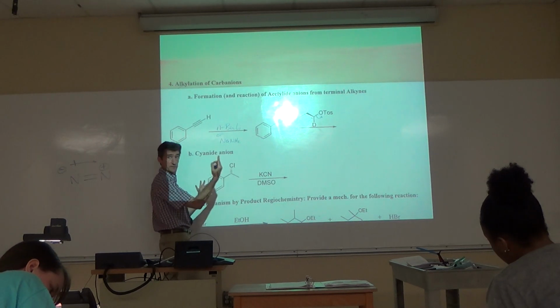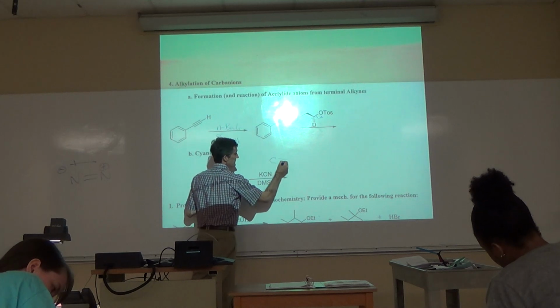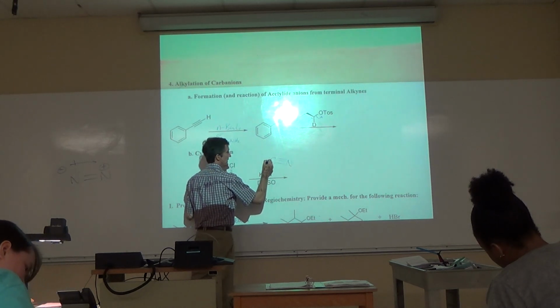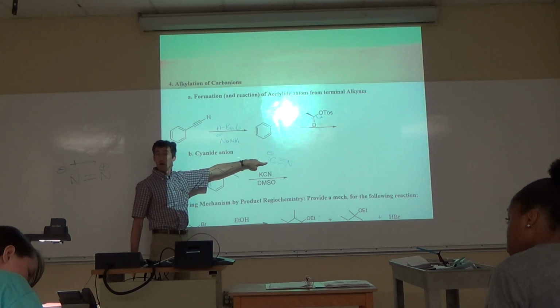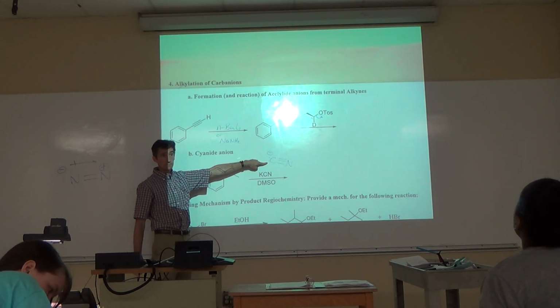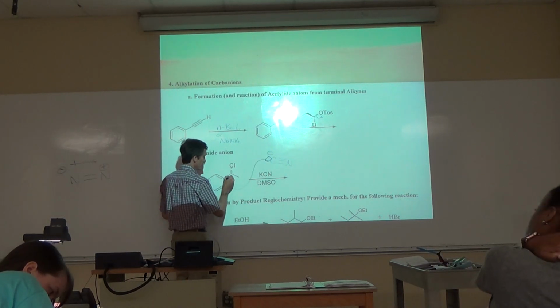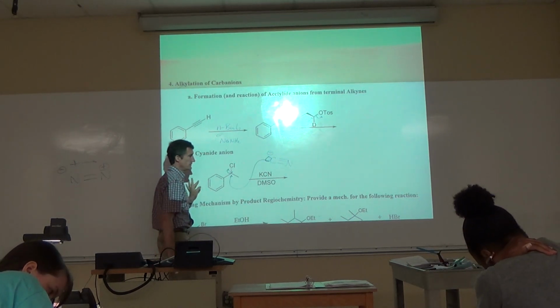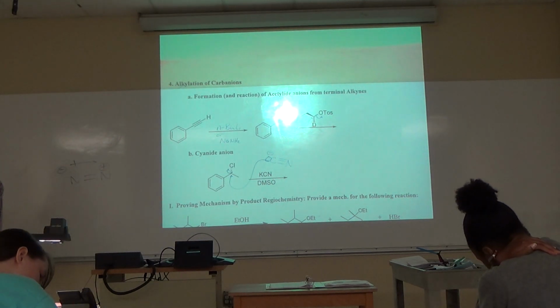Cyanide anion, we mentioned cyanide. Remember cyanide? And cyanide has what? A carbanion, right? It acts as a nucleophile. These electrons attack here. Take that off. I'll let you show the product there. In both of these examples, we have stereochemistry.